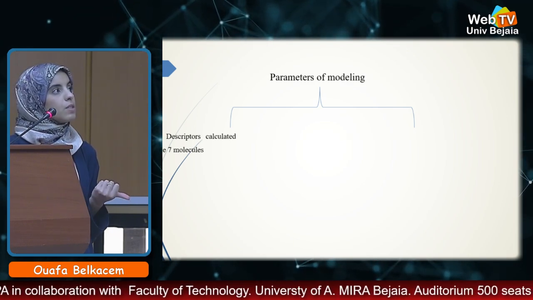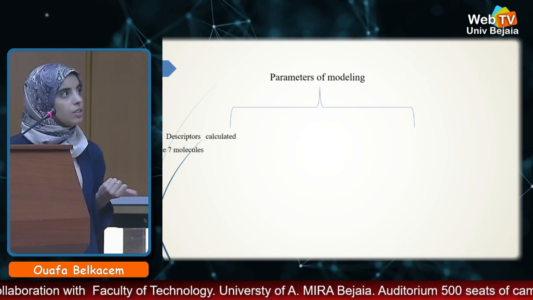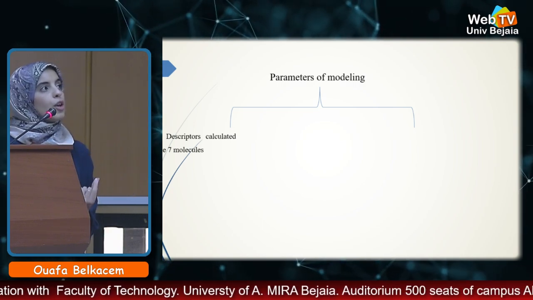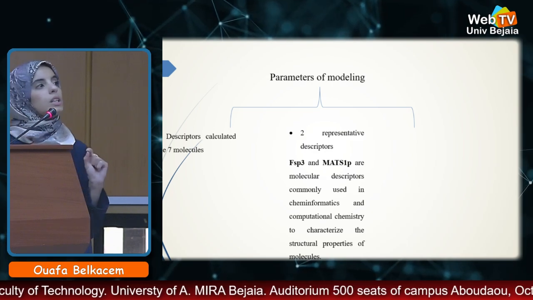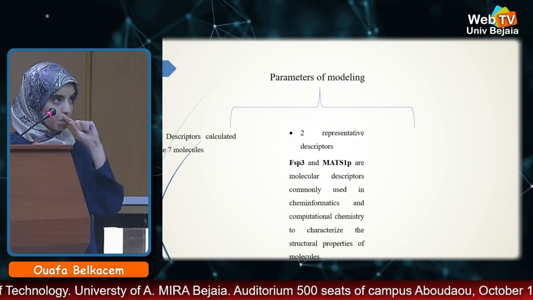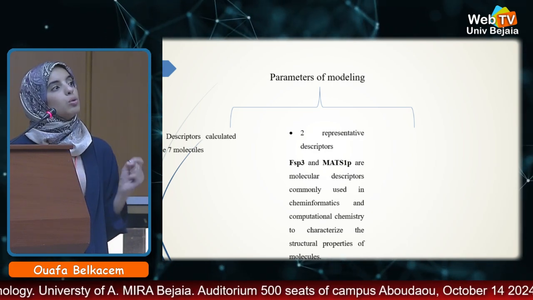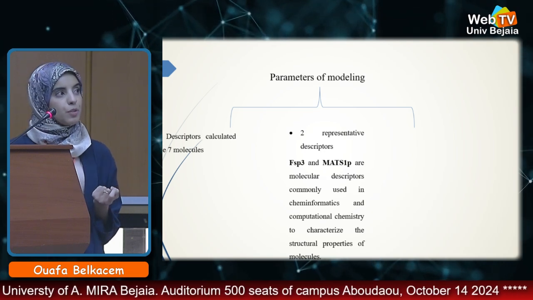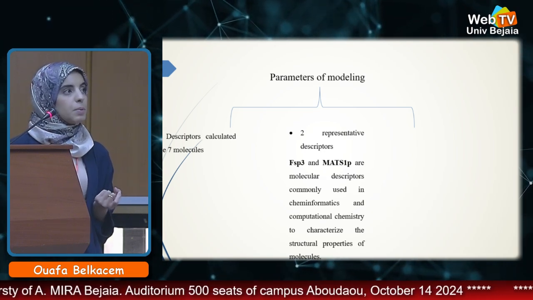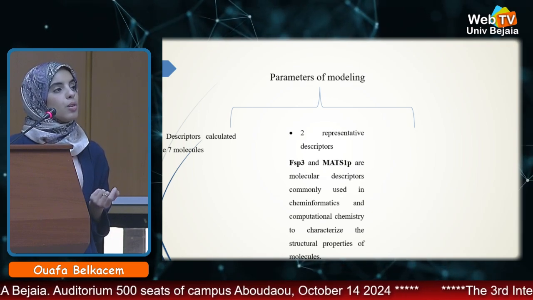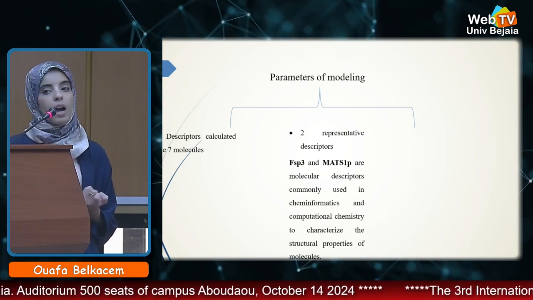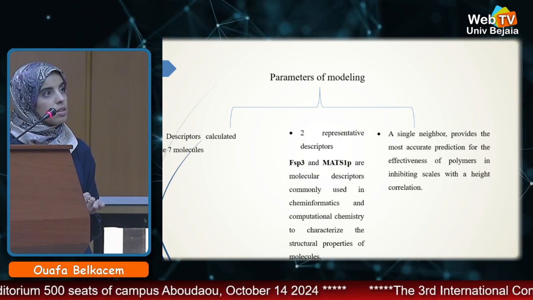We have 5,600 descriptors calculated for the 7 molecules. We have 2 alpha models. We give 2 representative descriptors, which were FSP3 and MATS1P, which describe our molecules.